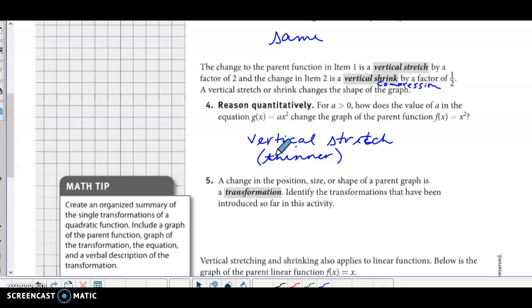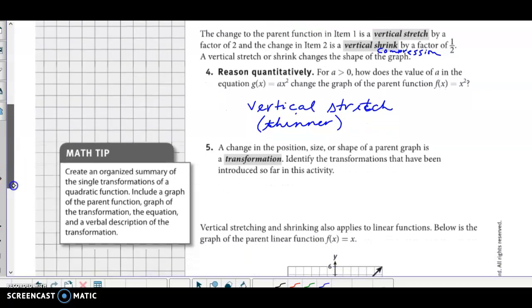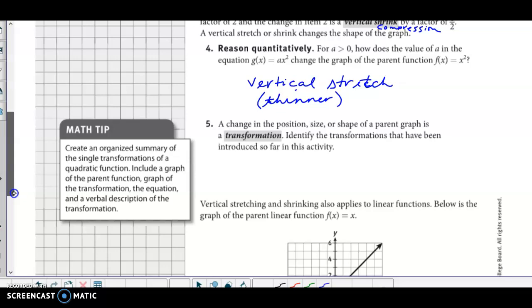A change in size or position is called a transformation. Identify the transformations that have been introduced so far in this activity. So the transformation we have done was a dilation, which we talked about in 7th grade, by 2 and 1/2.